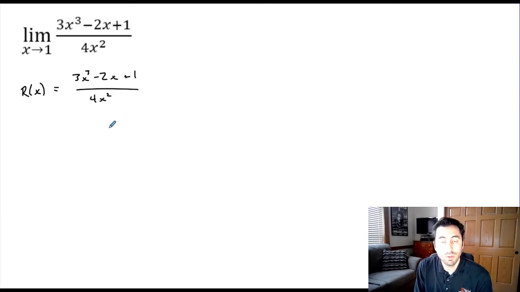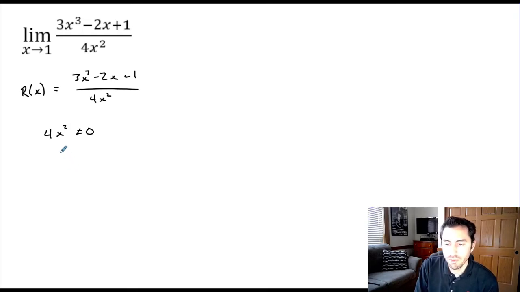And then I want to know what the domain of this is. Remember, when you're finding the domain given an expression, what you need to think about is what sort of restrictions do you have? So in this case, my one restriction is division. So I don't want to divide by 0. So as long as 4x squared is not equal to 0, everything else is going to be in the domain.